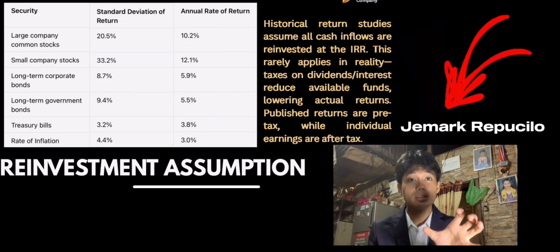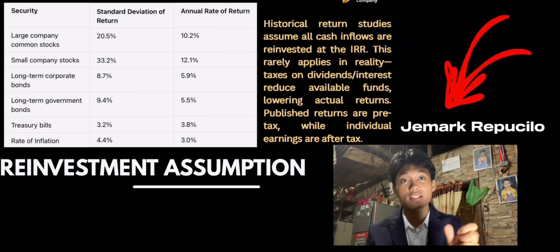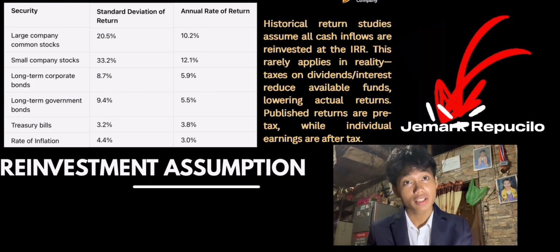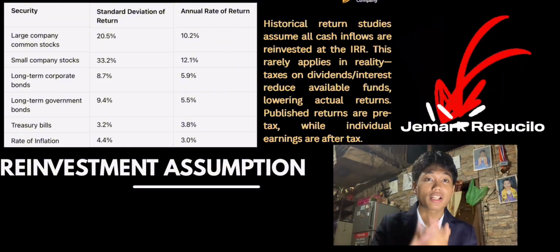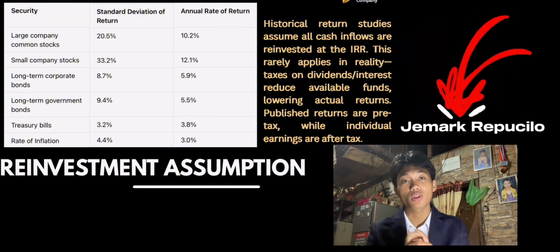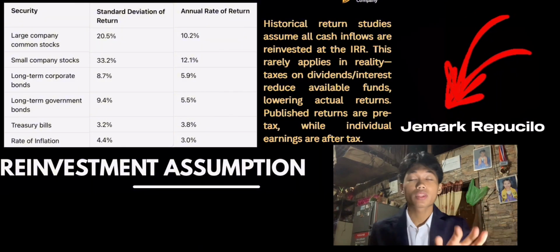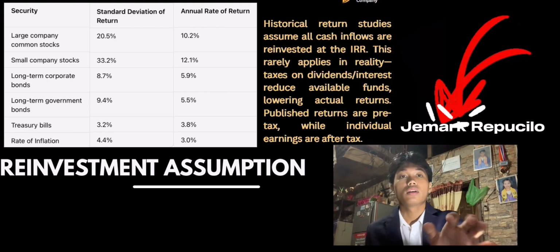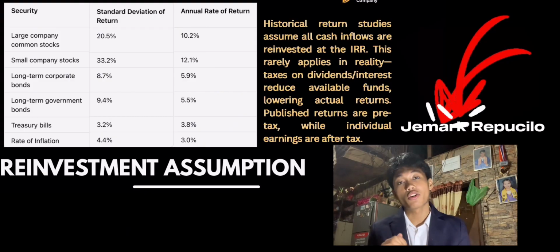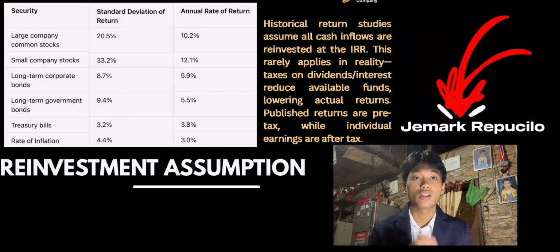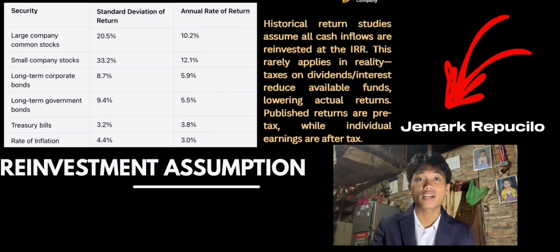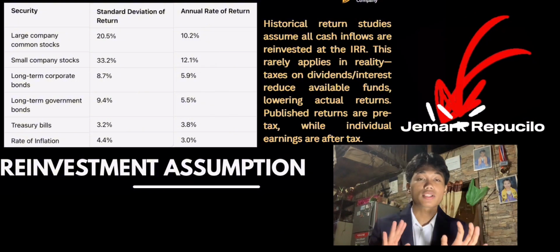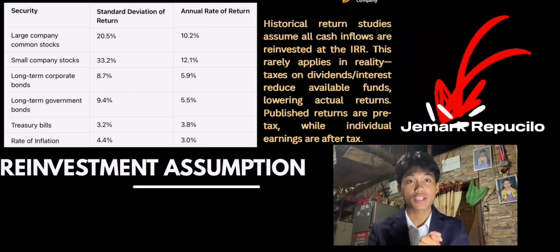So large company stocks have a return of 10.2%, less risky than small company stocks. The common choice for long-term investors is government and corporate bonds, with lower returns of around 5 to 6%. So they are more stable and safer.